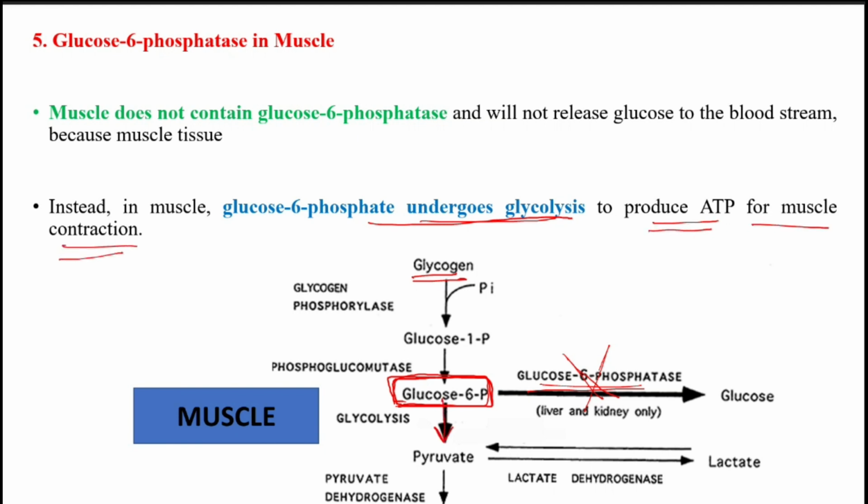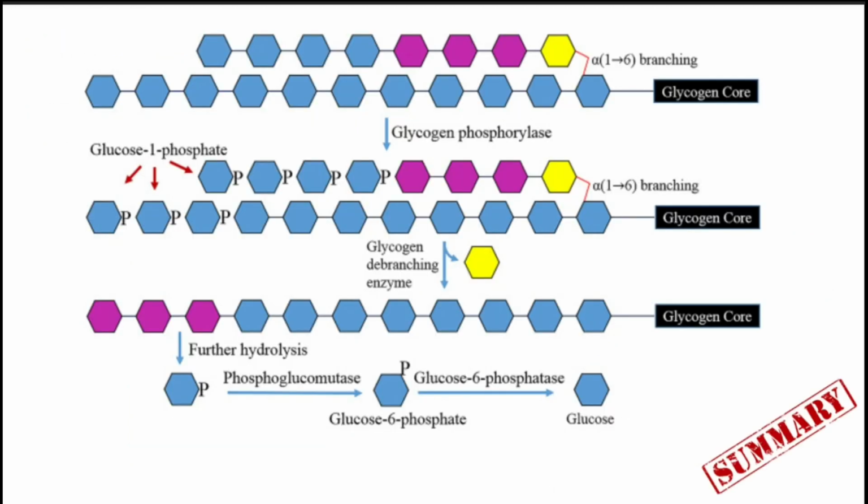It enters the glycolytic pathway, producing pyruvate. In addition, it also produces ATP, and this ATP is used for muscle contraction. That is the fate of glucose 6-phosphate in muscle, because this enzyme is absent.